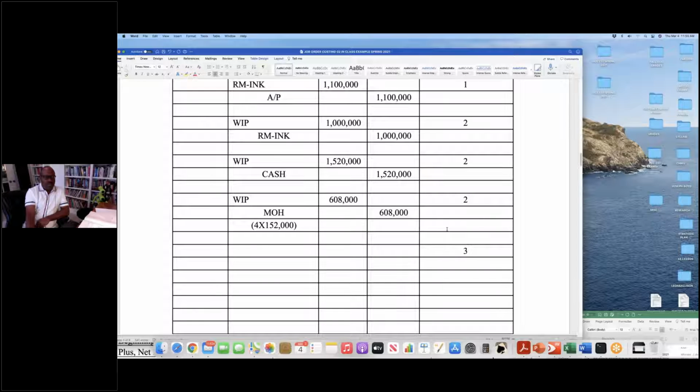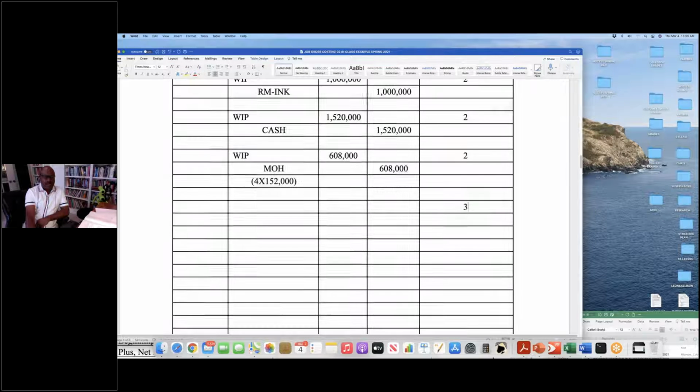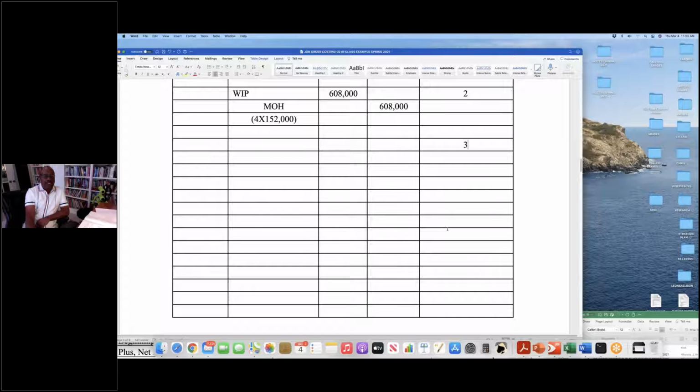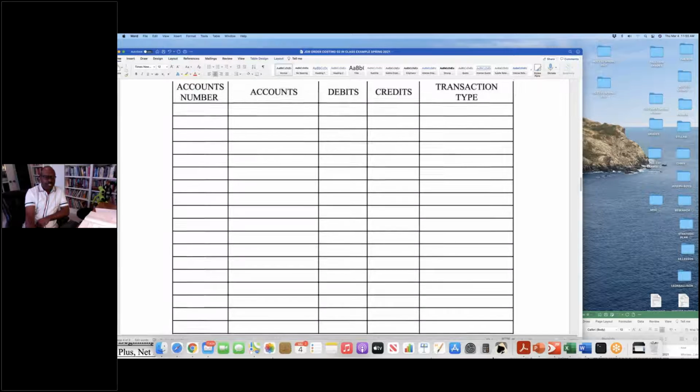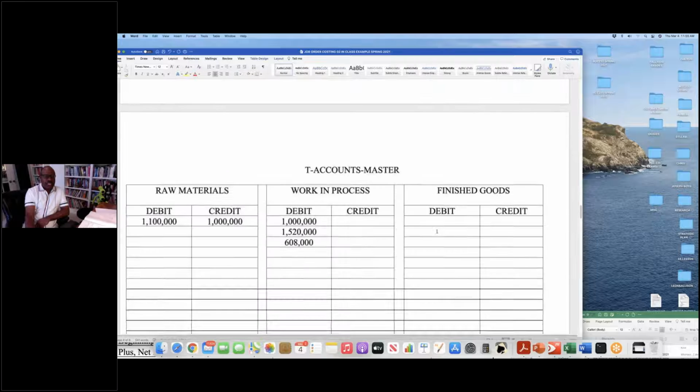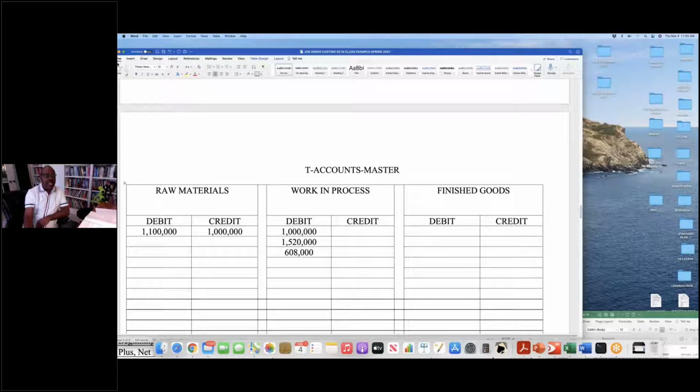So we are now in the process of determining how much we're going to transfer to finished goods. And so we're supposed to make how many items? How many items were we supposed to make? 50,000. I thought it was 40,000. How many did we make? 40,000.